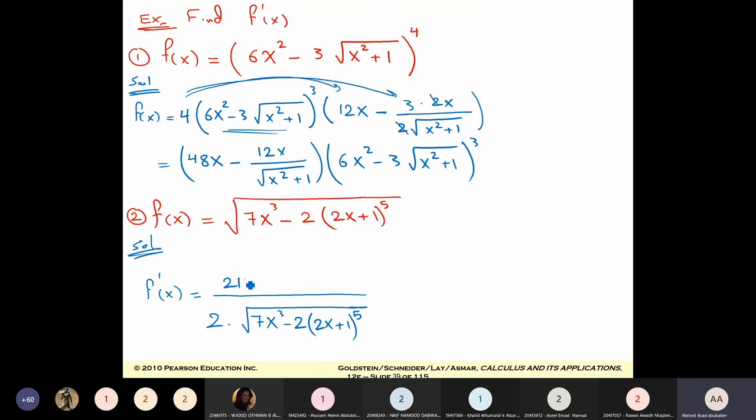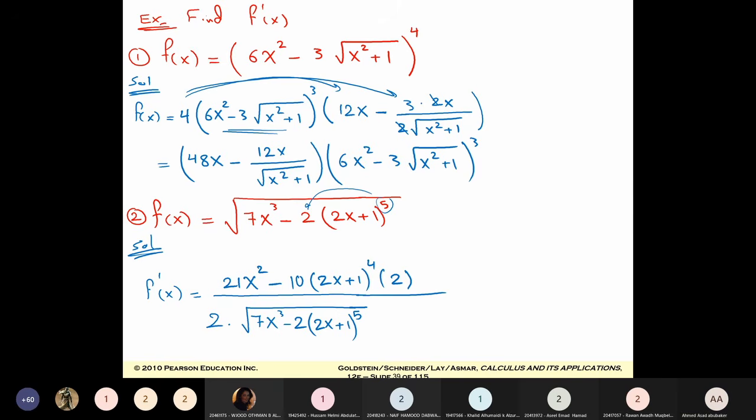This is 21x squared minus, multiply 5 with 2, so we have 10, 2x plus 1 to the power 4, and the derivative of inside the brackets 2x plus 1 equals 2. Also we can do more simplification by multiplying 10 with 2.